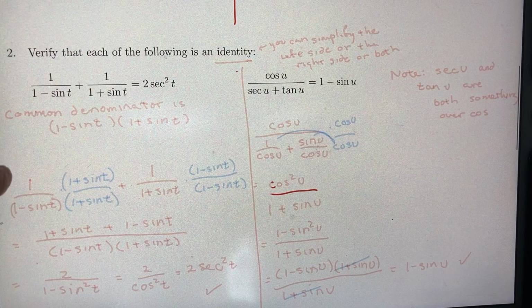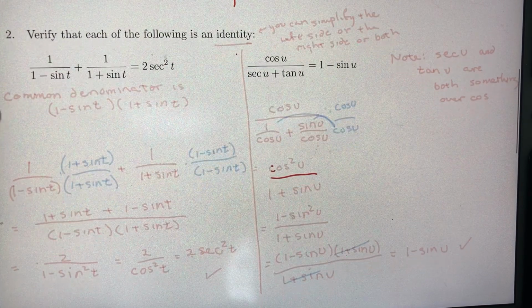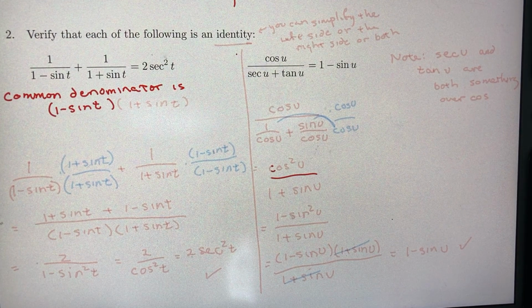Next one, the common denominator is multiply. Unfortunately, addition messes things up. So 1 minus sine t and 1 plus sine t, they're just different. You'll have to multiply them together. I'm messing around with the left side, to see if I can turn it into the right-hand side of the equation.